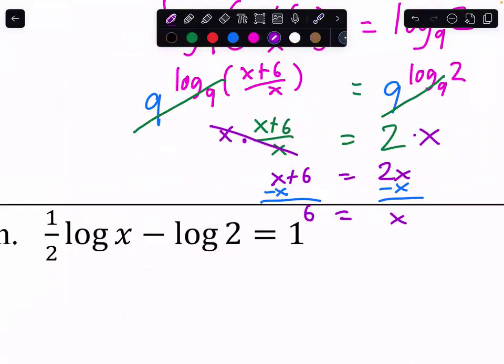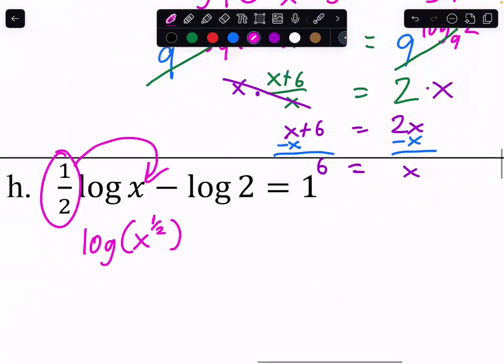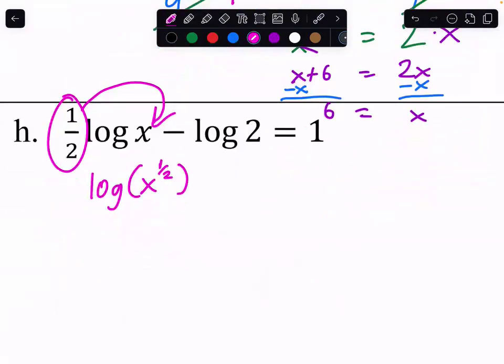Okay, so one more property we learned last time is that you can make a coefficient turn into an exponent. So 1/2 log x can be rewritten as log x to the power of 1/2. And then we've also learned that x to the power of 1/2 is equal to the square root of x.